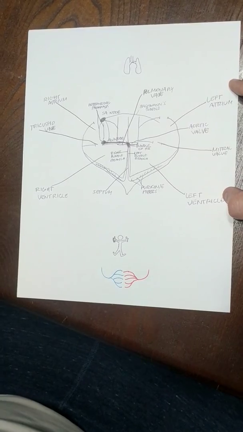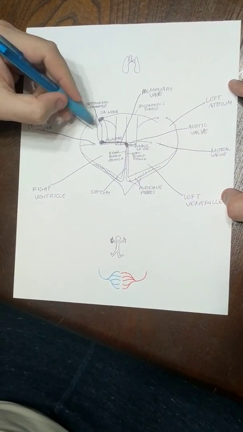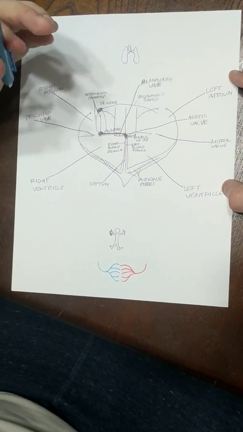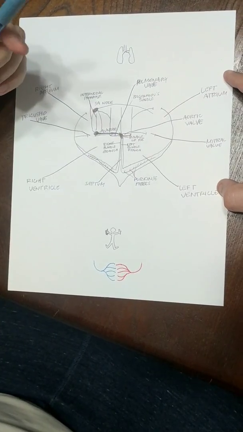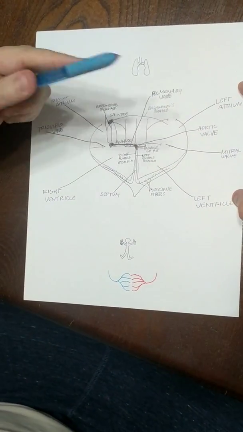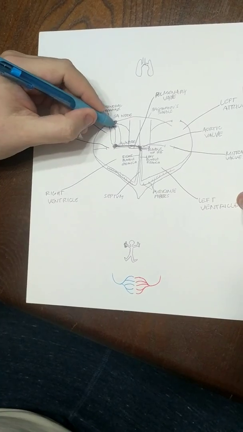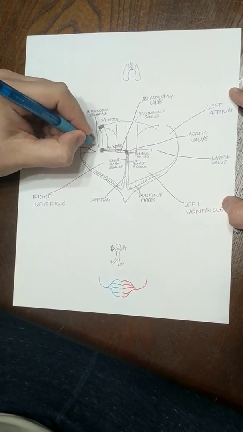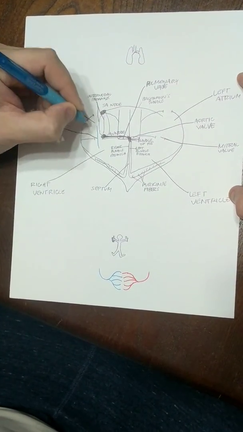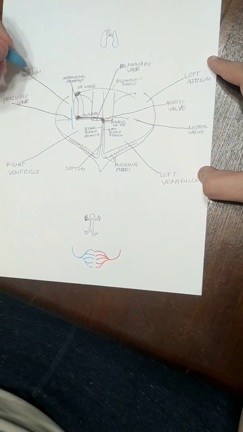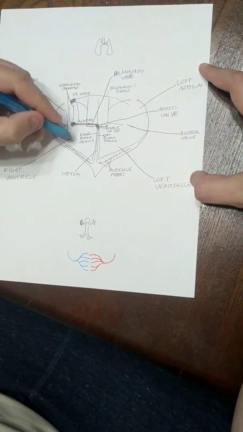So if we're looking at blood flow starting up in this area here, I'm changing to a blue pen to show our blood that is low in oxygen. It's not entirely depleted, but it's lower. So if it starts in your atrium, blood's going to flow down from your right atrium into your right ventricle.